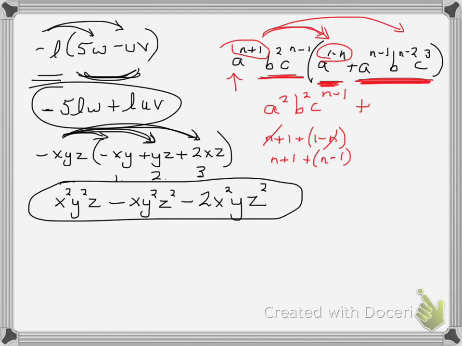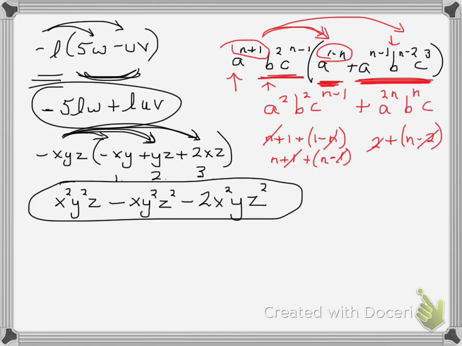Now what happens there? Well, I'm going to get 2n, n plus another n, 2n, and my 1's will drop out. Now for my b's, I've got 2 for my exponents over here, and n minus 2 over here. So the 2's will drop out, and I'm going to get b to the n.